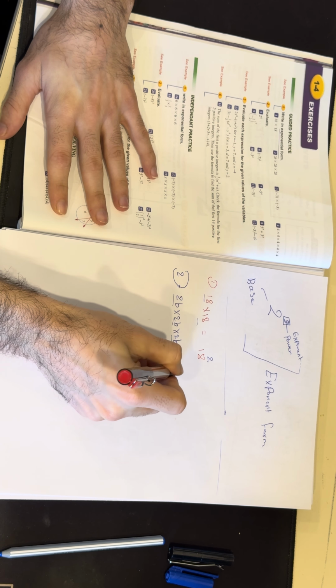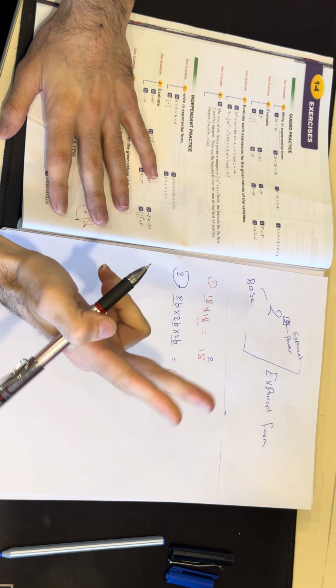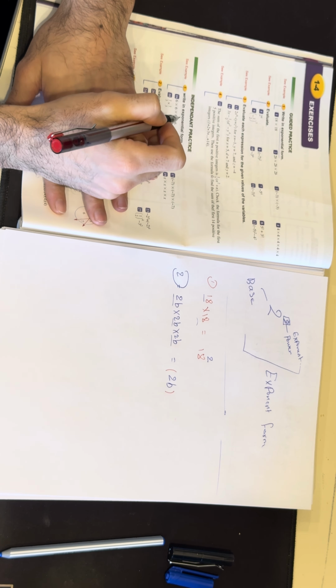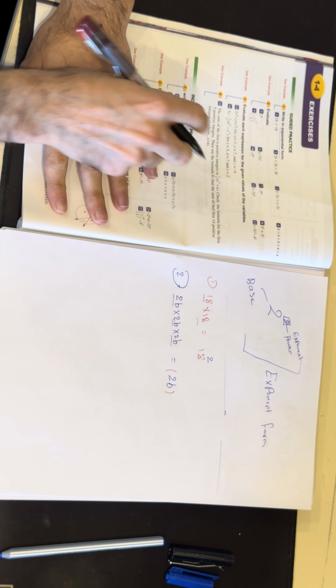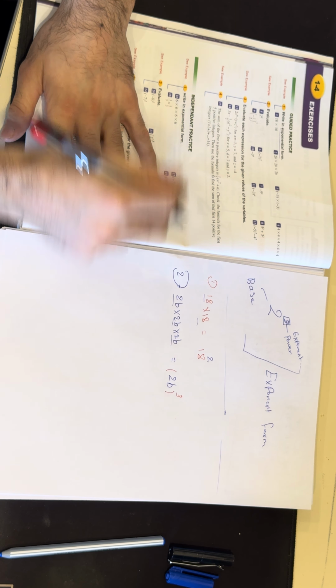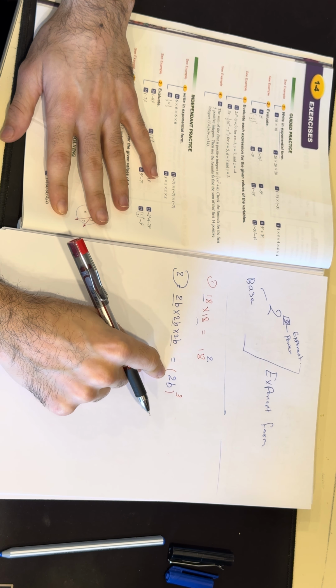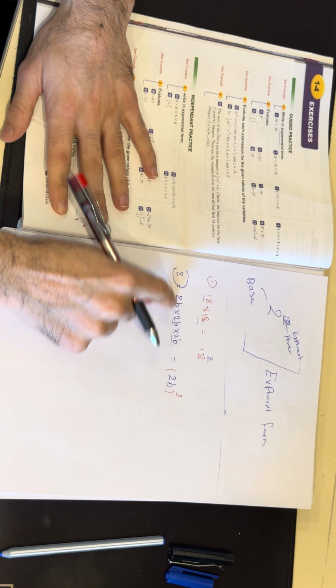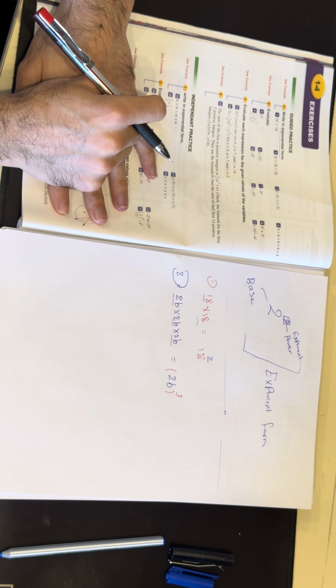So I need to put it in a bracket, because the power you write on top belongs to b and to 2. That's why we need to put it in a bracket.